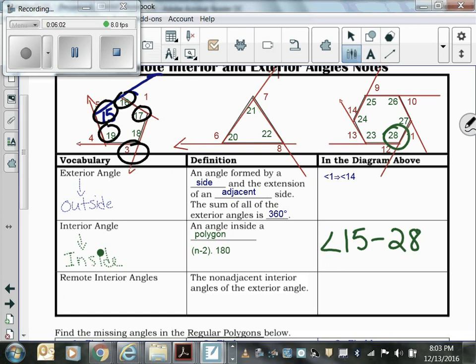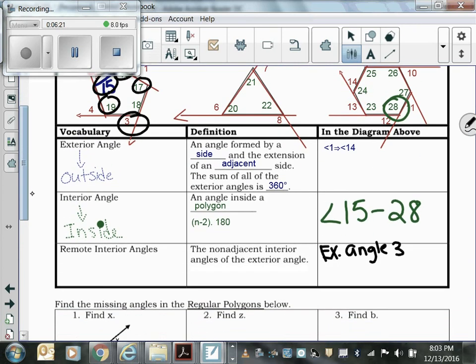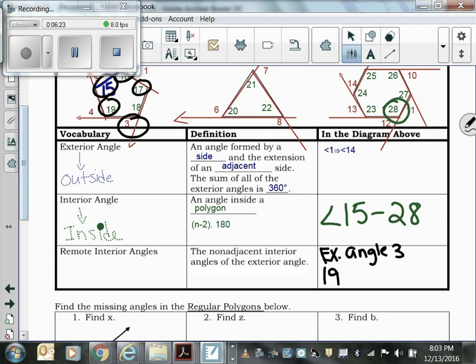So we're just going to give ourselves an example. If I say, for example, I have angle 3, that's my exterior angle. What I'm going to say is then I have angles number 19, 15, 16, and 17 are my remote interior angles.